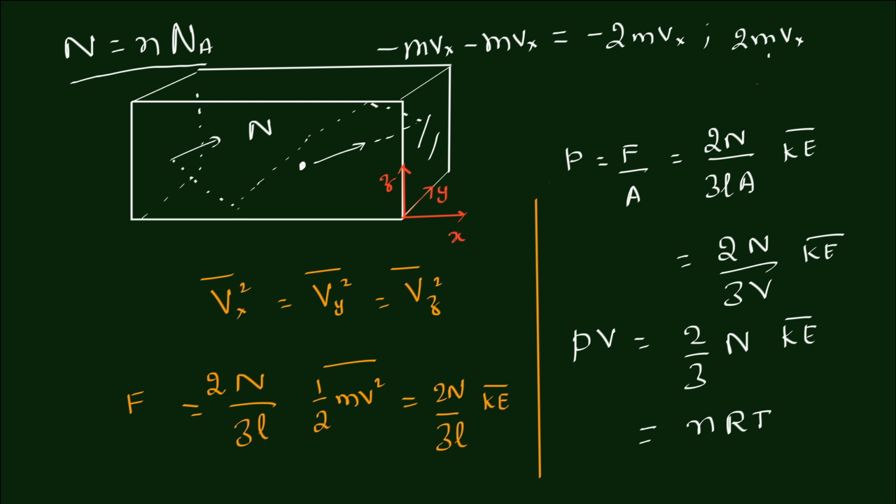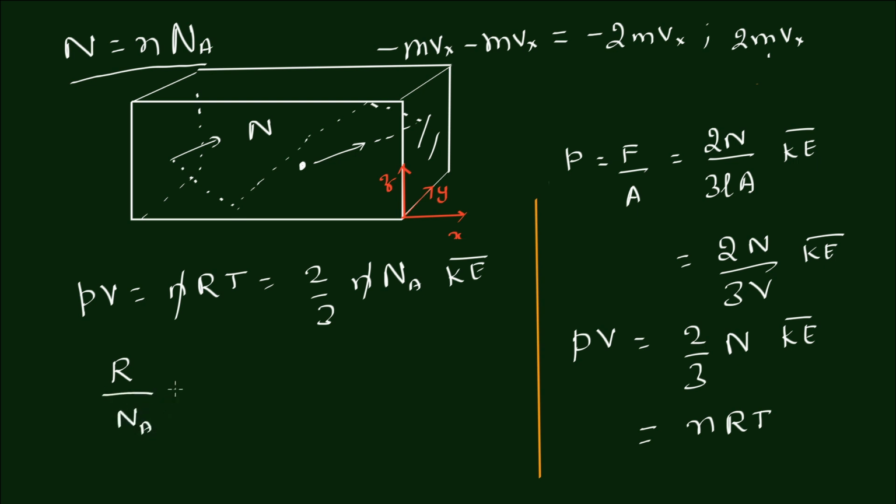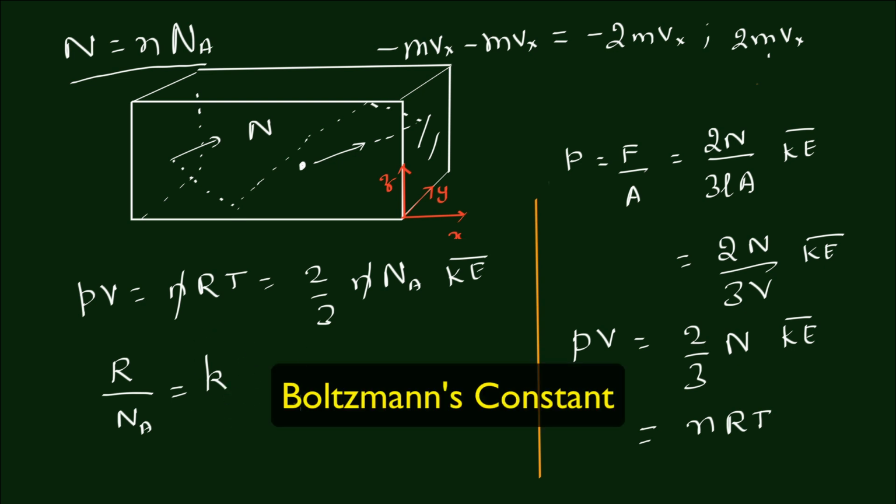So if I put those together, we get PV is going to be equal to nRT, which is equal to 2 by 3 n Avogadro number times the average kinetic energy. So n cancels and we get, take Avogadro number that side, and we define a new constant, the universal gas constant divided by the Avogadro number. We're going to call it K. This is called Boltzmann's constant.